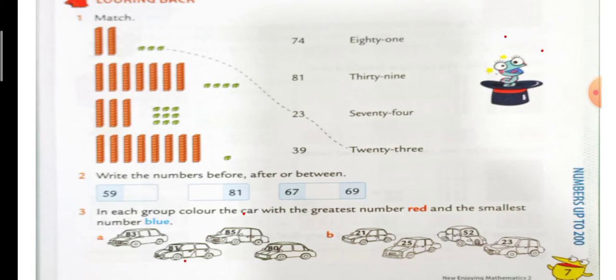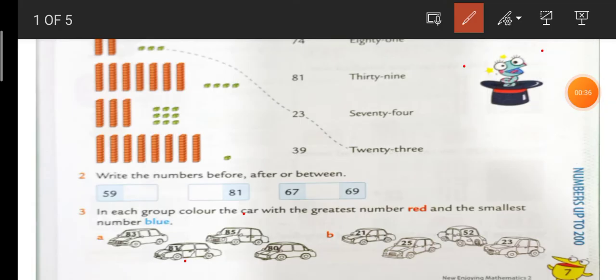Okay, now this is already taught to you in class 1, but still we will go back, revise, and then we will solve it. Now children, in my last few classes I have told you that when you see a small square, it is ones.